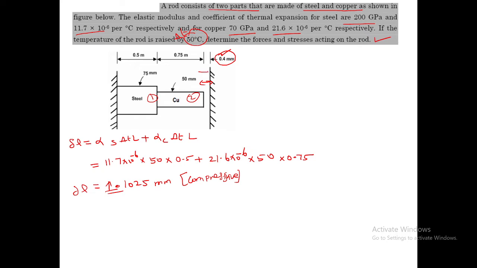Up to 0.4 there is no stress in the rod. After the rod reaches the distance 0.4, stress will develop in the steel and copper rod.